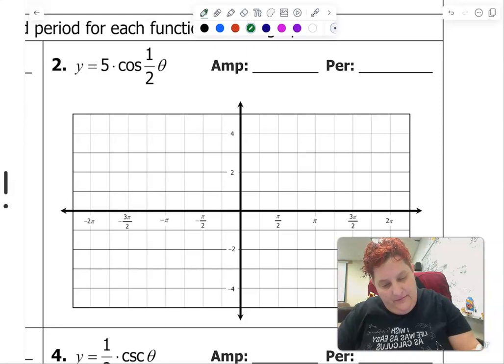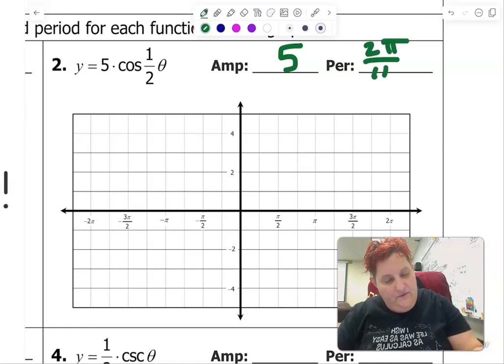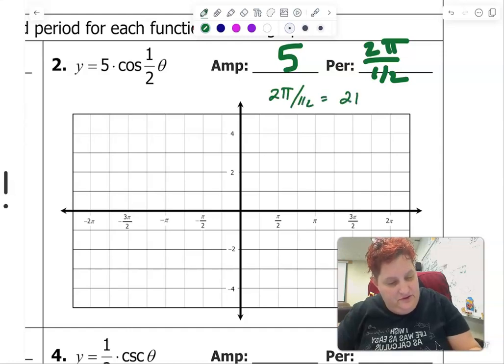We have an amplitude here of 5, and the period is 2 pi over a half. When I do that, 2 pi over a half is the same thing as 2 pi times 2, so this period is actually 4 pi.